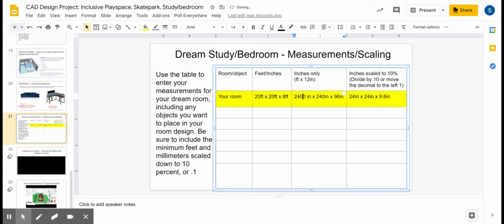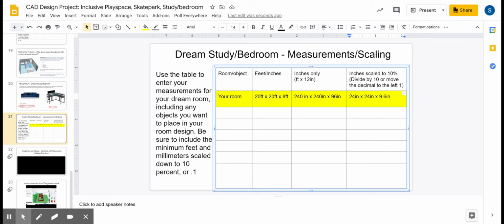In the last column, our 240 inches divided by 10 puts us at 24 inches, and 240 inches again puts us at 24 inches on this side.